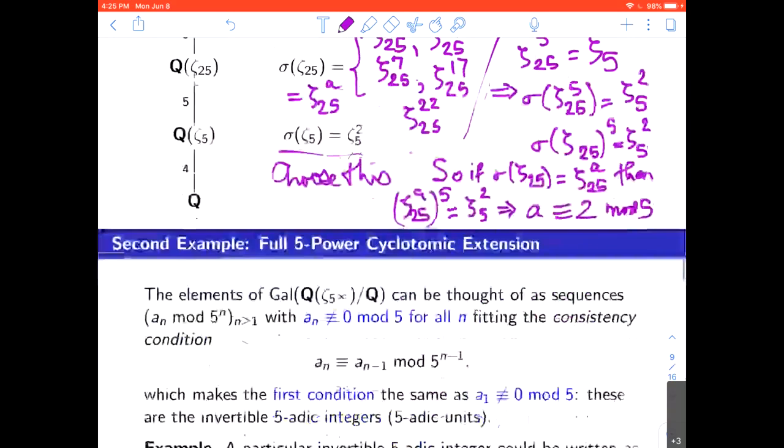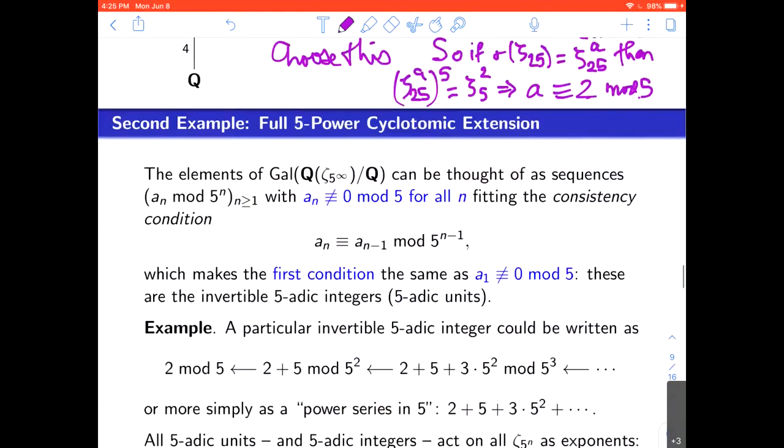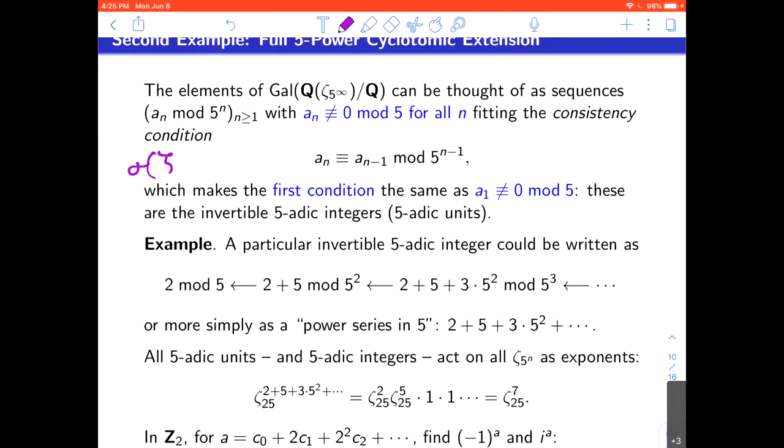And so this is what I have on the next slide, that as long as you constrain yourself to send the 5 to the nth order root of unity to some exponent, it has to be consistent with the previous exponent, and you just have to make sure that the very first one is not 0.